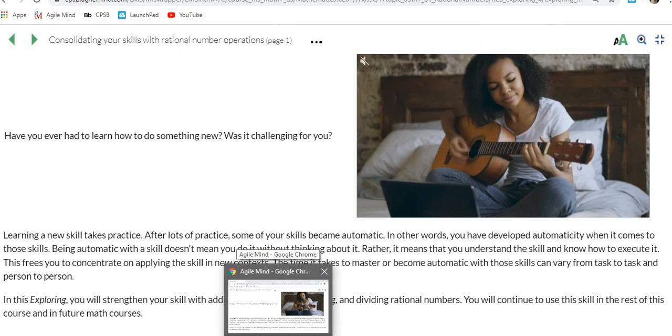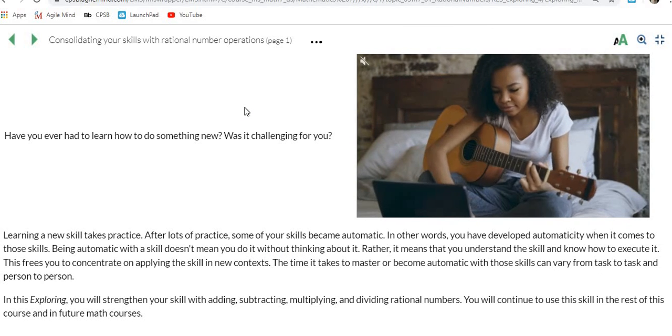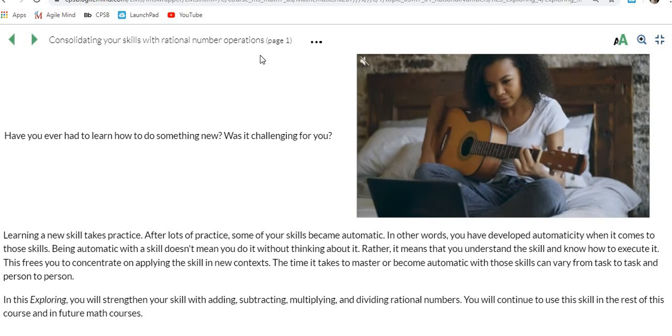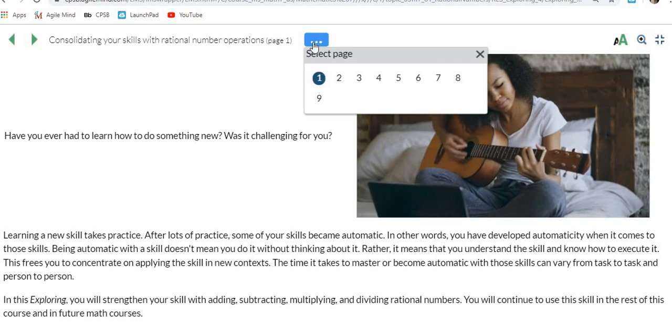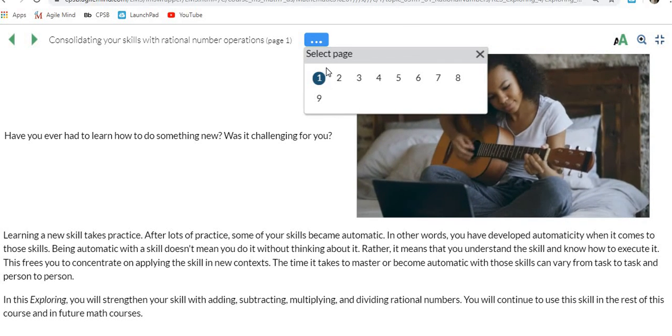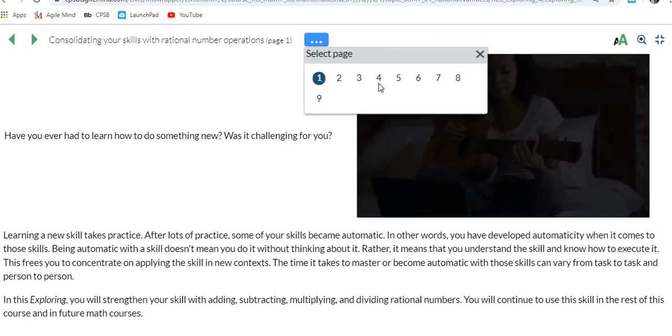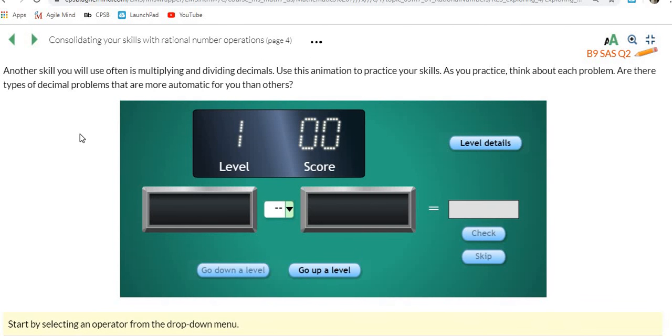2. In problem 2, you have to get the problems from online, your Agile Mind. So I assigned the lesson to you, and what you do here is you'll see a page like this, and notice in the chart it says, some of them say addition, subtraction, multiplication, and division.